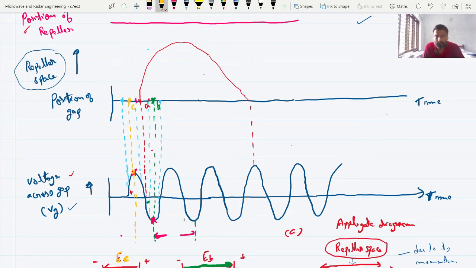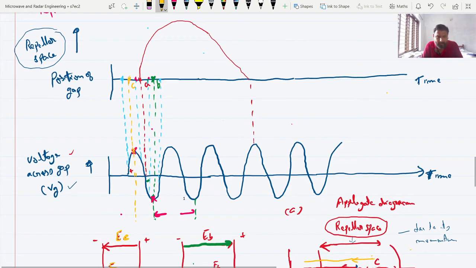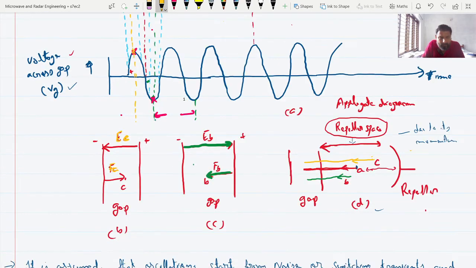So that is indicated here. You can see that in the figure. That is EC, the maximum electric field.